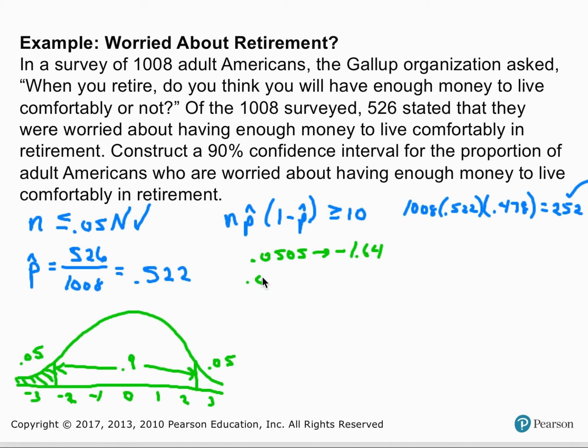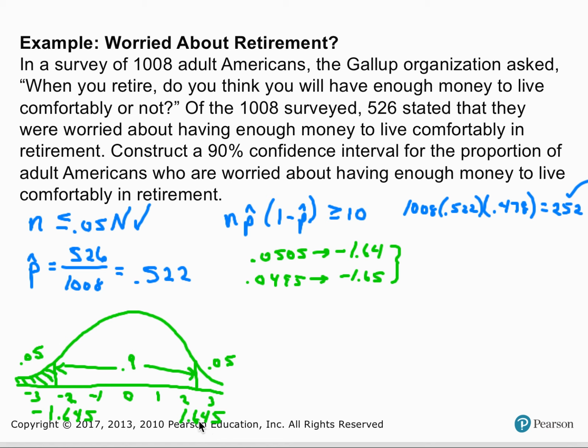And 0.0495 is -1.65. So I need to go halfway in between there. So this is going to be -1.645, which means this over here is 1.645, right? Because of the symmetry.